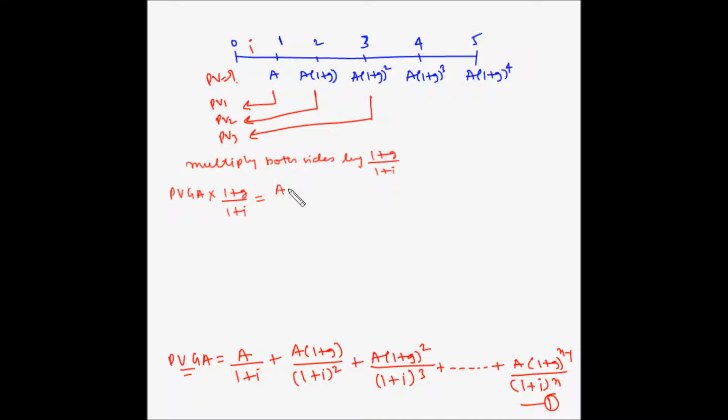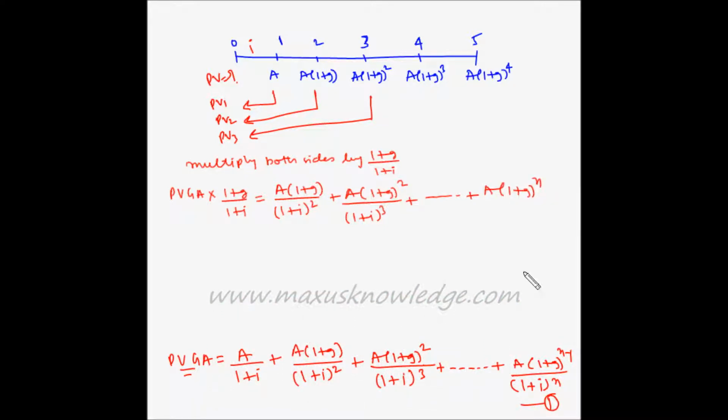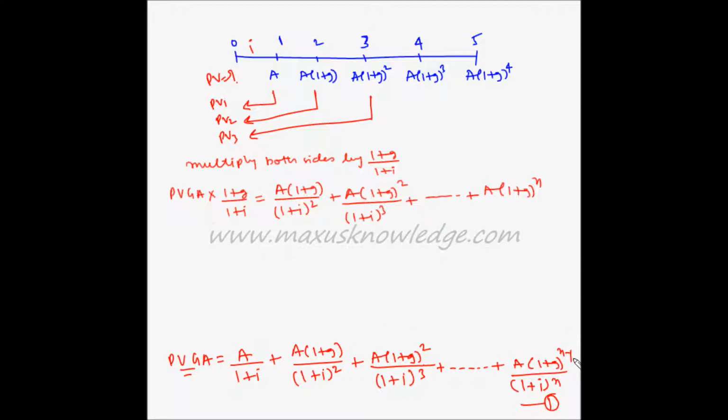So A into 1 plus g divided by 1 plus i square plus A into 1 plus g square divided by 1 plus i cube and so on, plus A into 1 plus g to the power n minus 1 into 1 plus g.